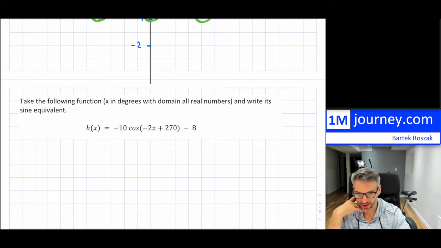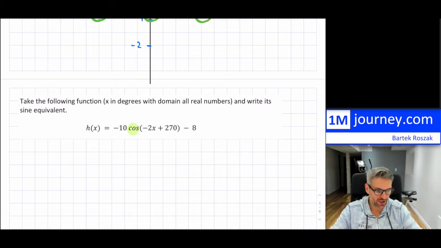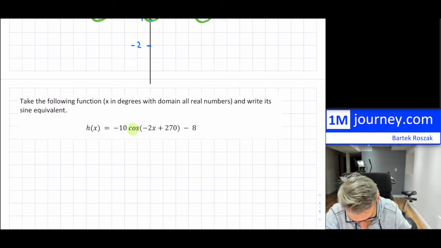Notice this is cos. What they're asking is, what is the equivalent of this if you wrote it as a sine? If you've watched the lecture series on these, you know that's not very hard to do.